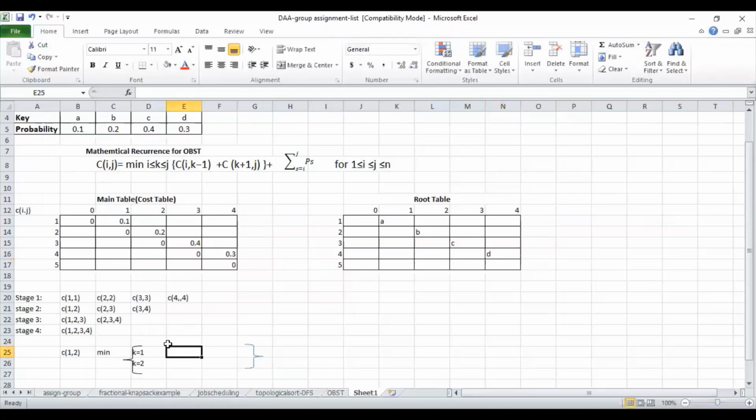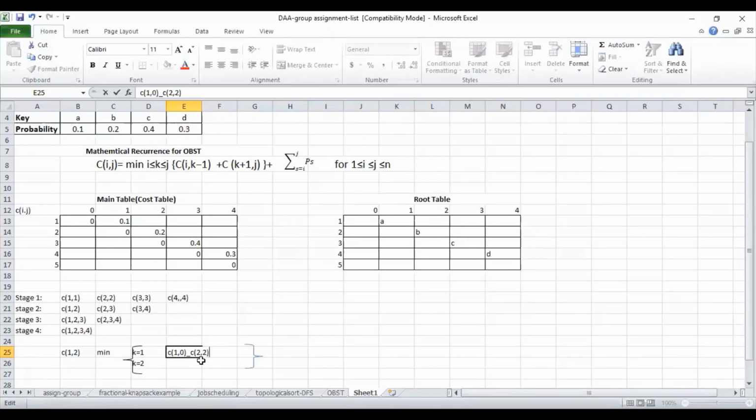So let's quickly write it down here. Assuming K is equal to 1, we have defined the minimum of, if K is equal to 1, then this entry would be C of 1, 0 plus cost of K plus 1, so that will be 2, C of 2, 2.